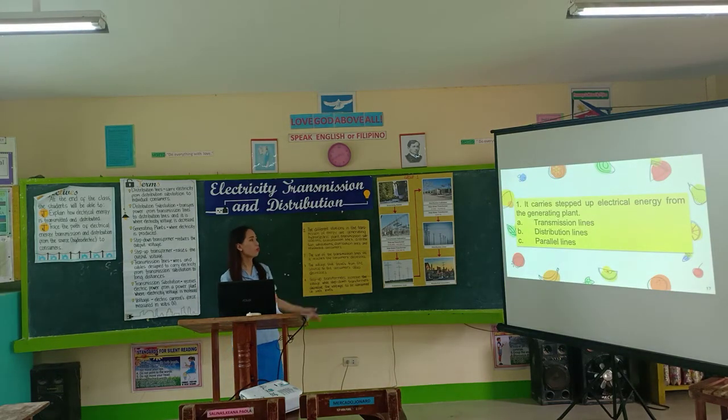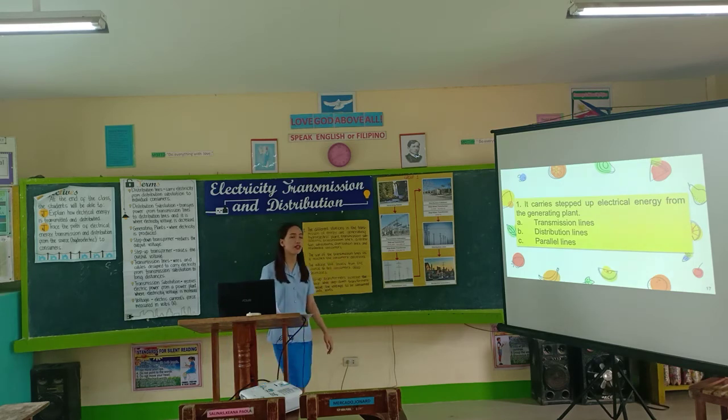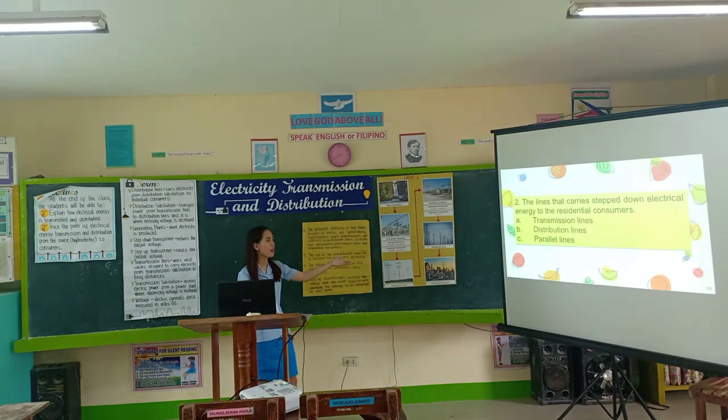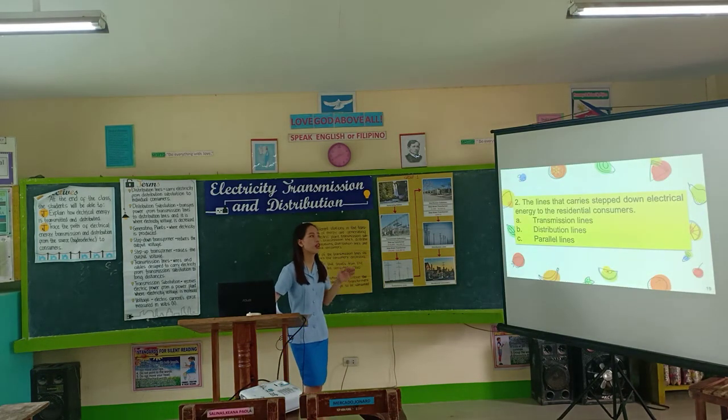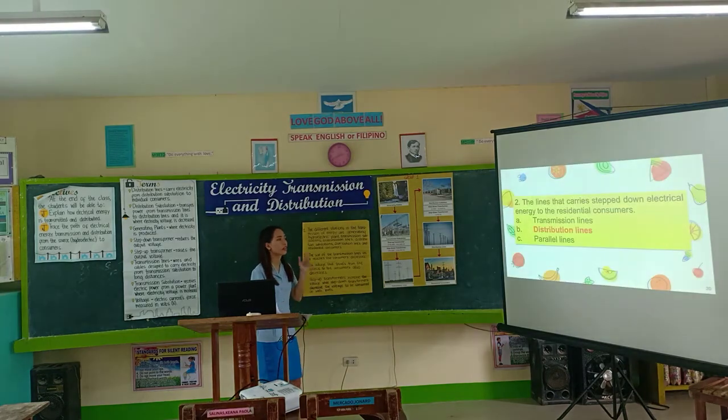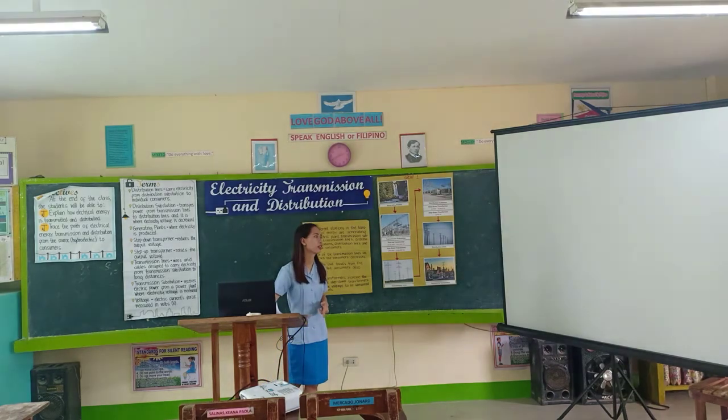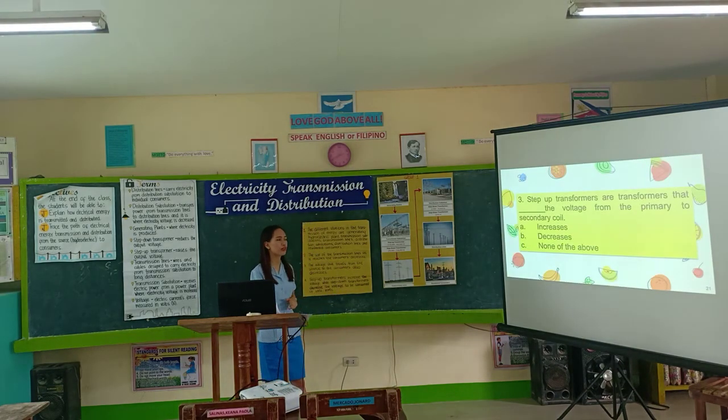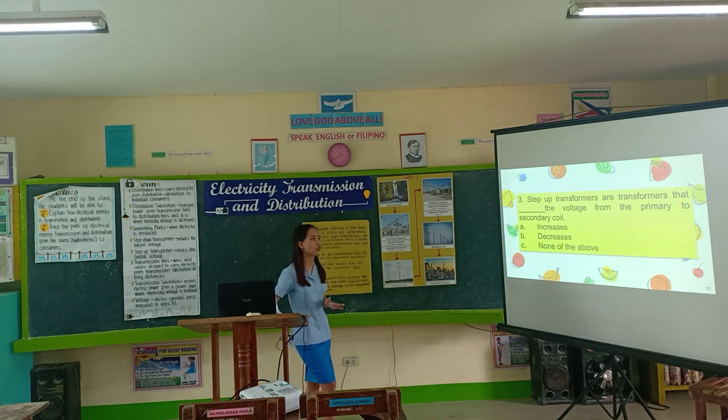Number 1, it carries step-up electrical energy from the generating plant. What's the answer? Transmission lines. Next one, the lines that carry step-down electrical energy to the residential consumers. Distribution lines. Next one, step-up transformers are transformers that blank the voltage from the primary to secondary coil.